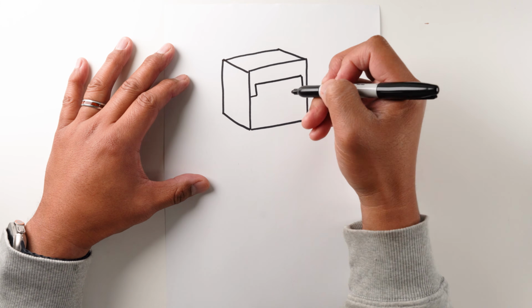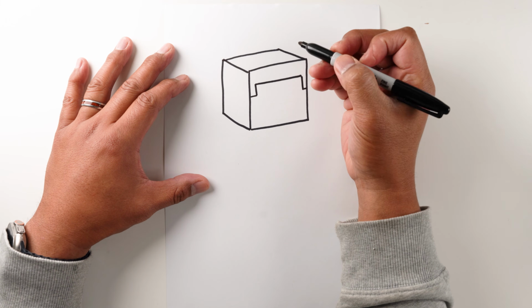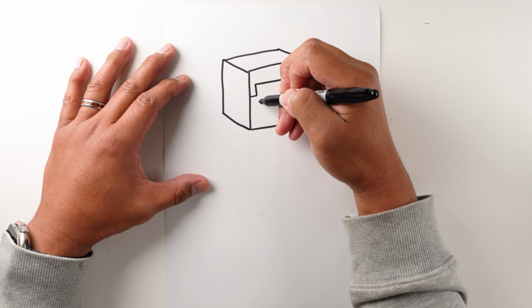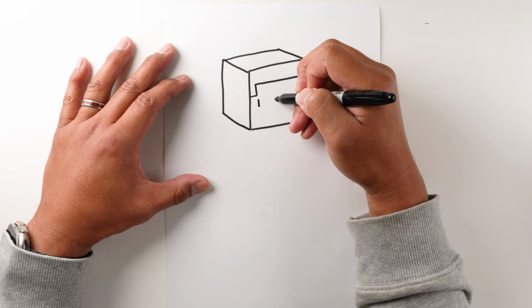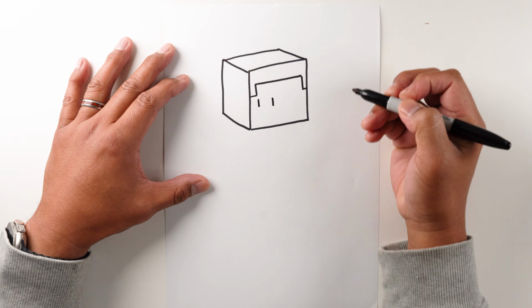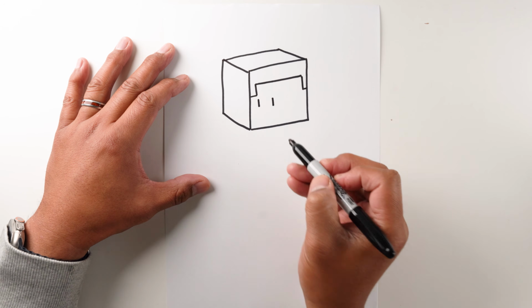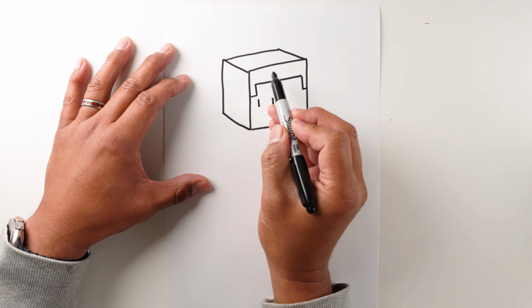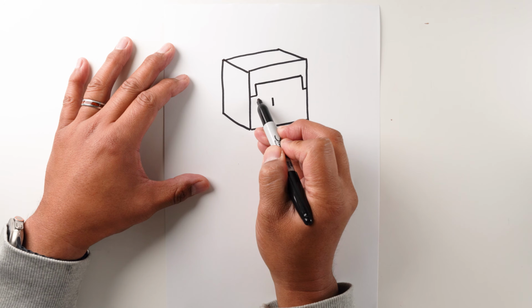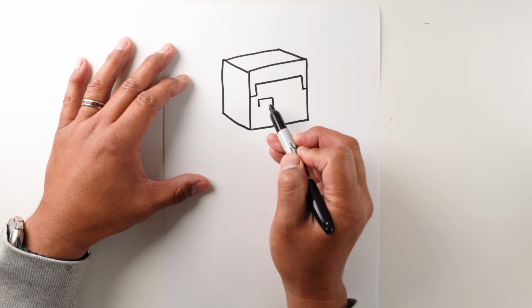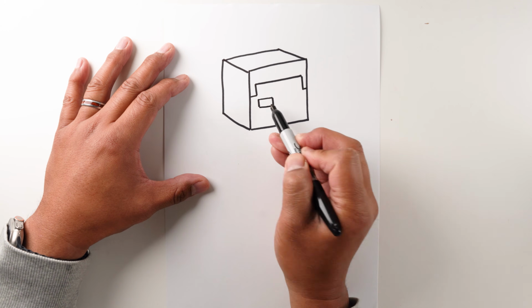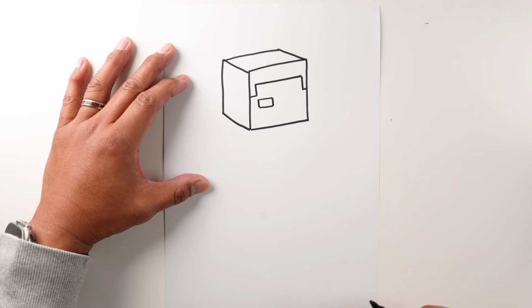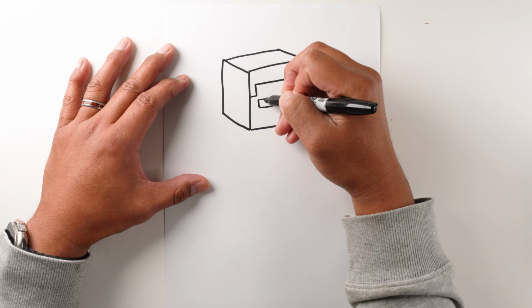Now he's got rectangular eyes, so let's just draw some small rectangles. I'm going to start off by drawing two lines like this, and then I'm going to do the same thing as I did with his head. I'm going to connect the two points, and then we're going to draw a line right down the middle.